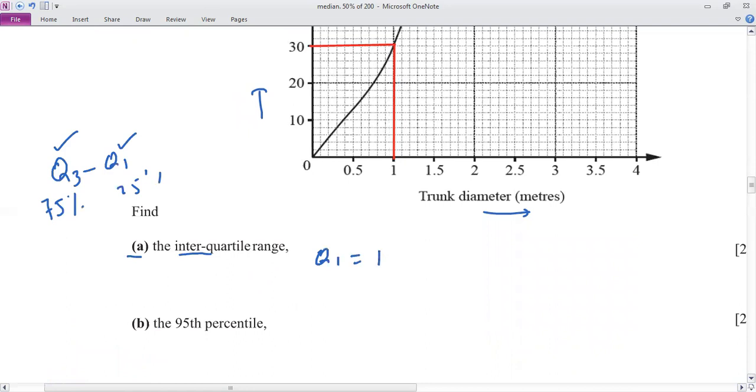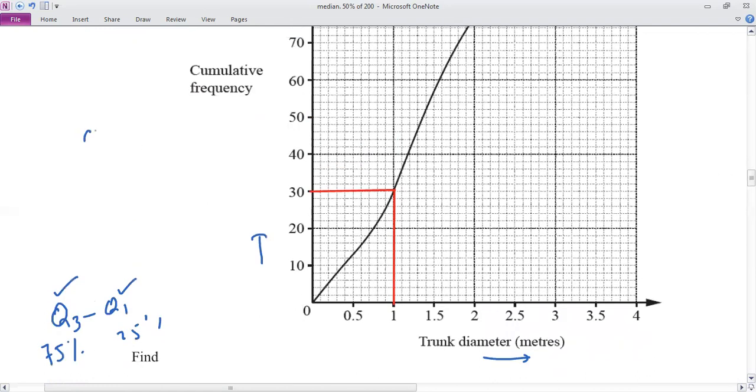Now, what will be Q3? We know Q3 is always 75% of the total cumulative frequency, okay? So the total cumulative frequency is 120.